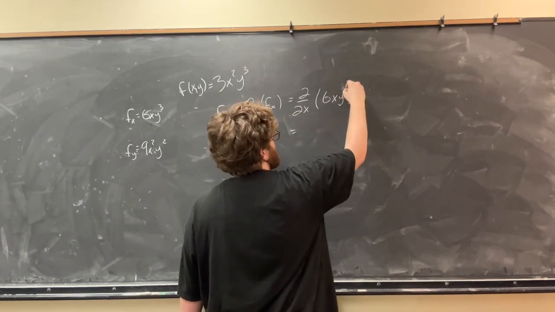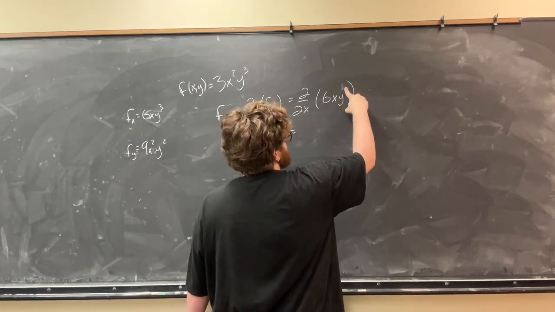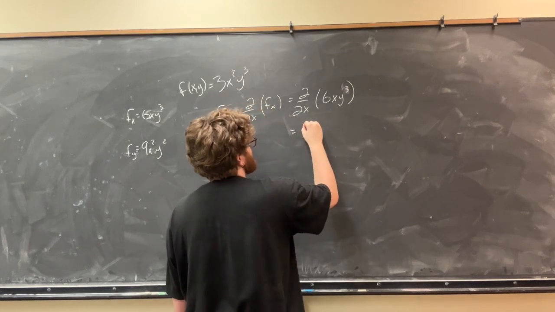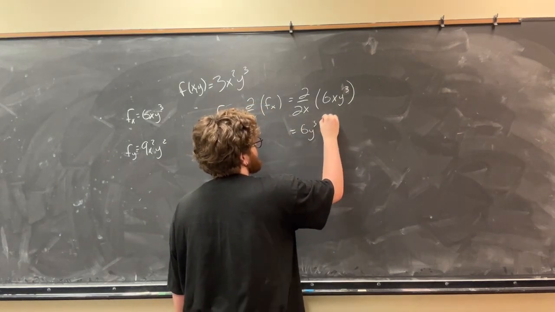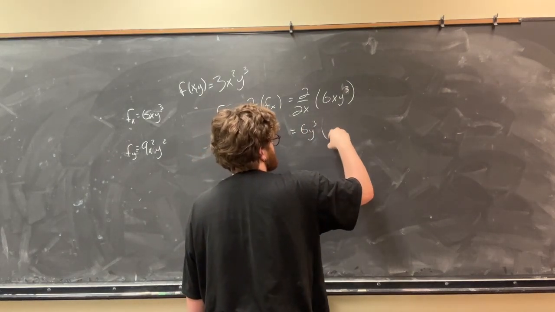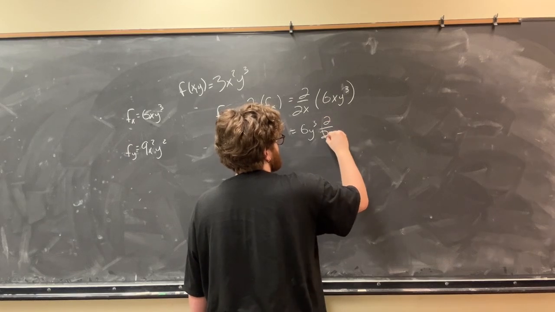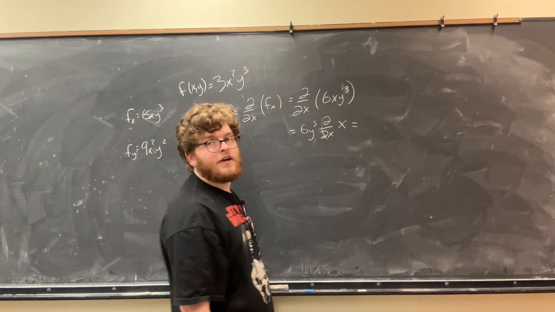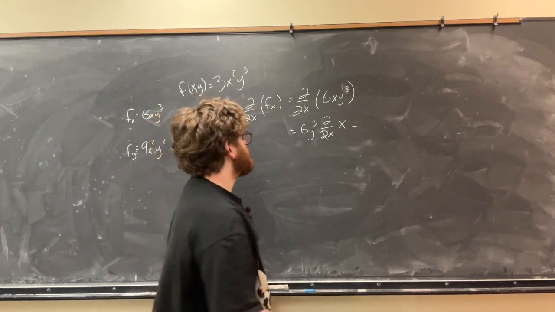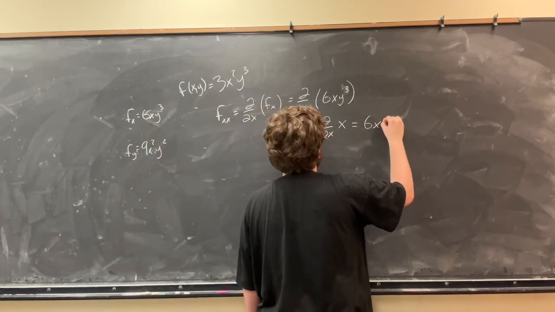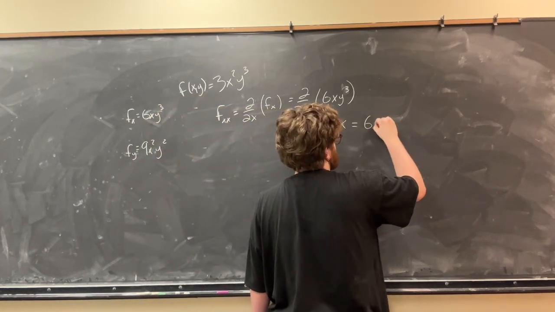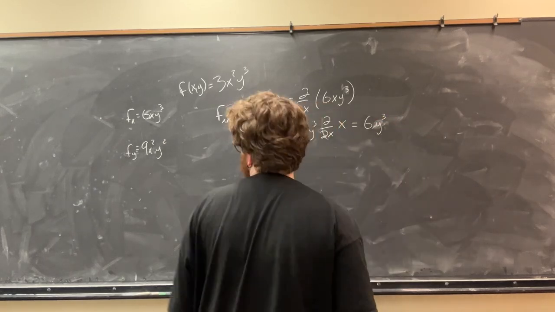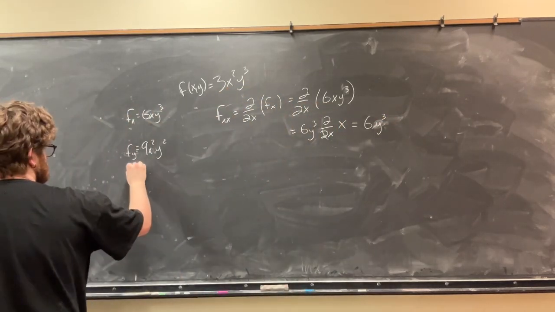That cube is on the y. That's going to be 6y cubed times the partial with respect to x of x. The derivative of x with respect to x is simply 1, so I'm just left with 6y cubed, my apologies. Cool, and I'll write that over here.